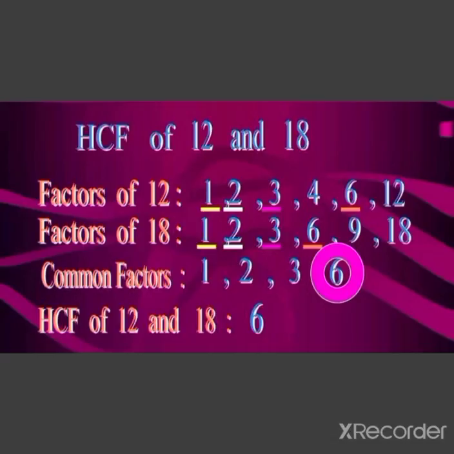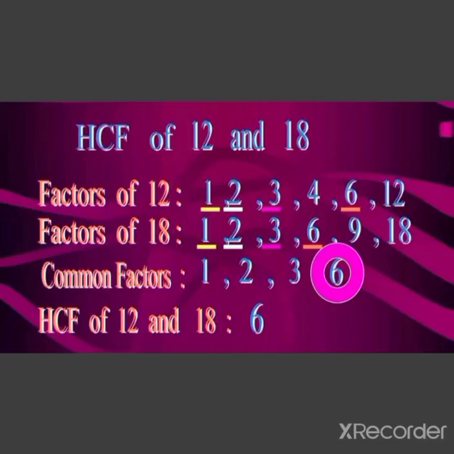So what are the factors of 12? 1 and 2. 12 is coming in the table of 2, so 12 is exactly divisible by 2. 3 also divides 12 exactly. 4, yes. 6, yes. So 1, 2, 3, 4, 6 and 12 are the factors of 12.